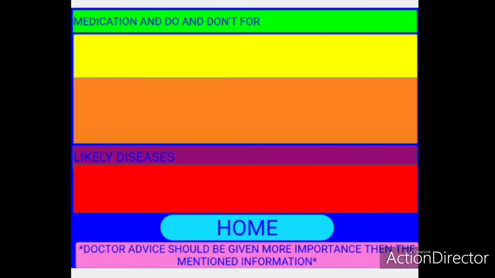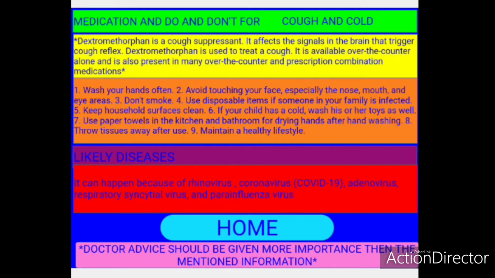When you go to cough and cold, it shows all the information provided: which medication helps to solve this cough and cold, and what are the do's and don'ts, like wash your hands, avoid touching your face, especially the nose and mouth, don't smoke, don't use disposable items if someone in your family is infected, etc. Another is likely diseases, meaning the diseases which may lead to cough and cold, like coronavirus, which has been very common nowadays, adenovirus, respiratory syncytial virus, and parainfluenza virus.